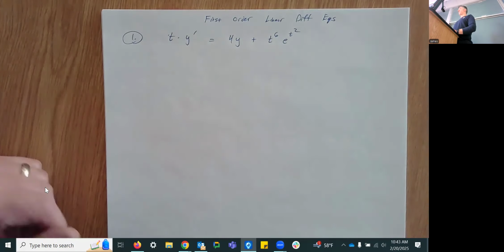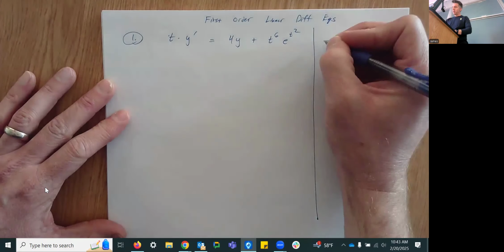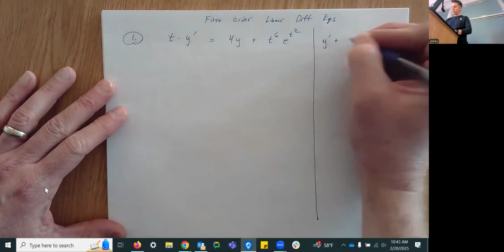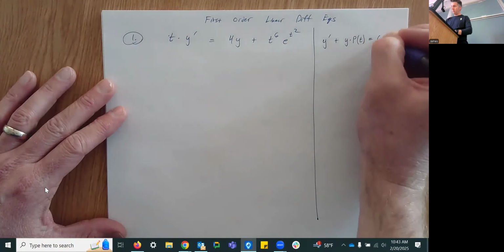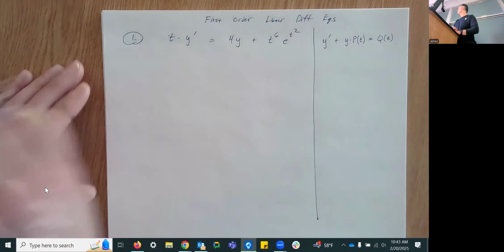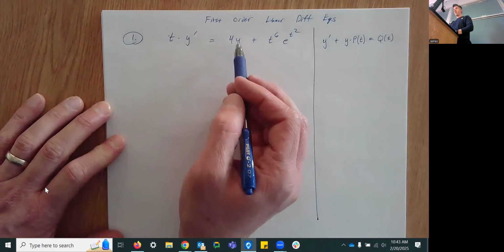So we're going to try to write it as a first order linear. I'll remind you all, that means we're trying to write it as y prime plus y times p of whatever your variable is, in this case p of t, equal to some other function of t, q of t. That's what we're trying to write it as. So we've got our y prime over here. We want to bring the 4y over as well.